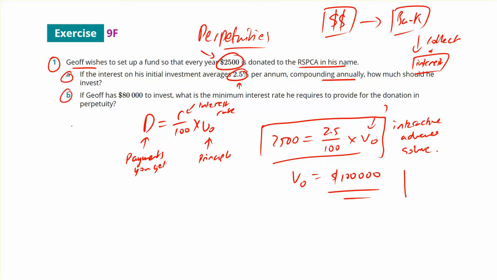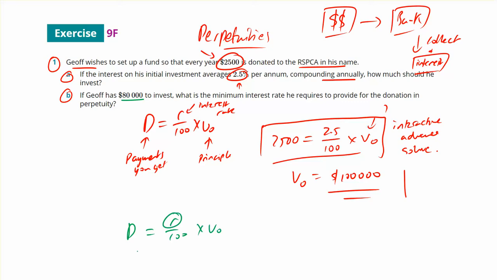We'll do part B now. Jeff has $80,000 to invest. What is the minimum interest rate he requires to provide for the donation in the perpetuity? We're still using the same formula, except now we're trying to find what R is.